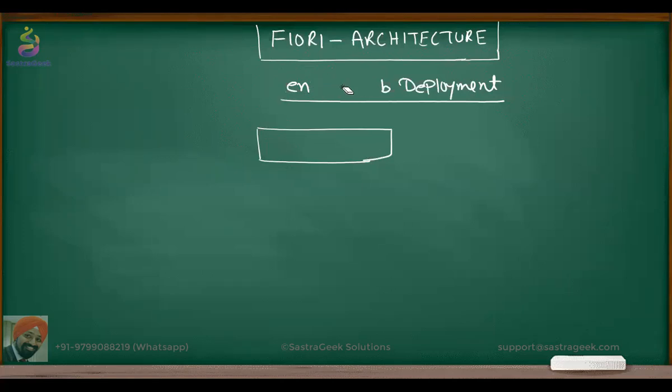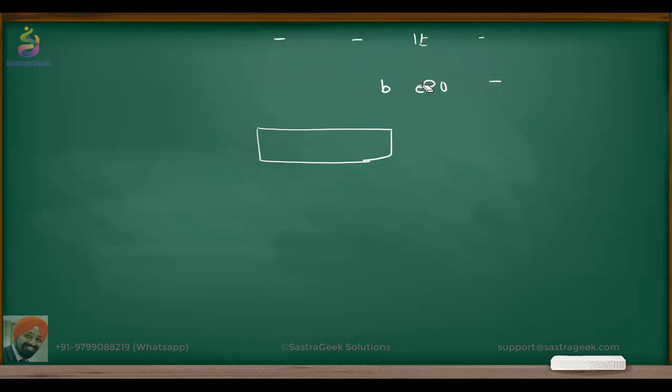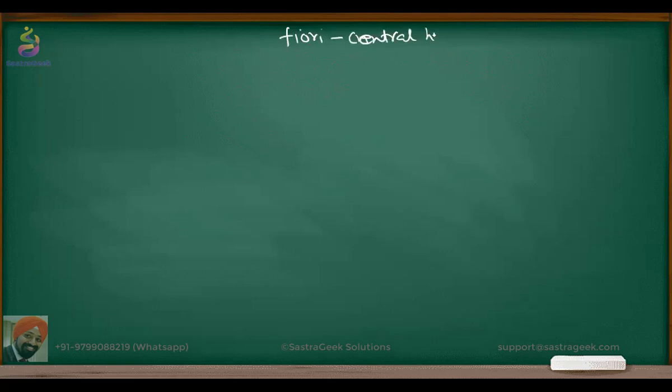Let me clear this to make it bigger. So in central hub deployment, in the Fiori central hub, we always have a presentation layer. So this is our presentation layer.